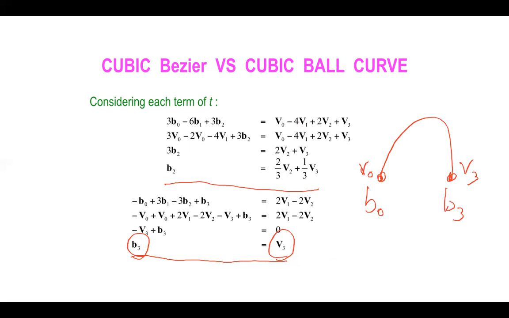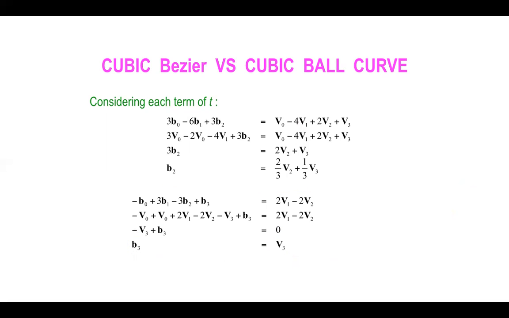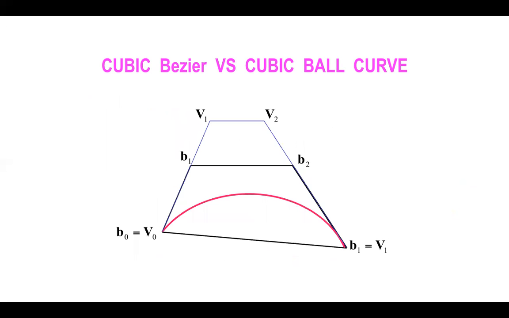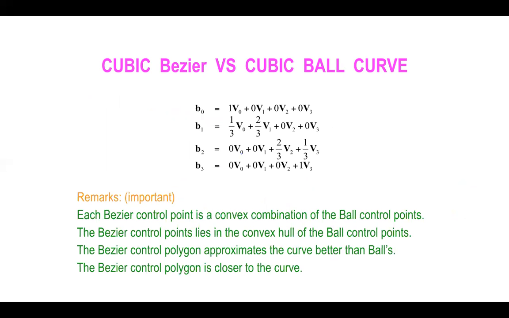Okay, so we have these 4 equations. We can see that B0 is equal to 1 V0, and the rest will be 0, 0, and 0.